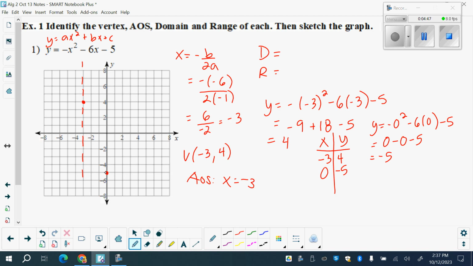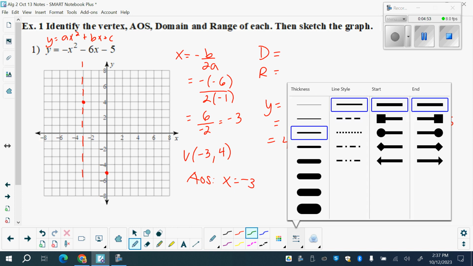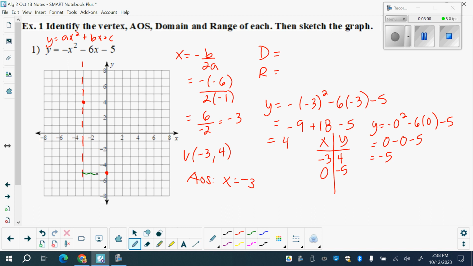Okay, so we are going to reflect this point over this line, and so I'm going to actually draw how to find those, and I'll erase it. So from the center, it's 1, 2, 3 to the right. So we're going to go 1, 2, 3 to the left. It's reflecting over this axis of symmetry.